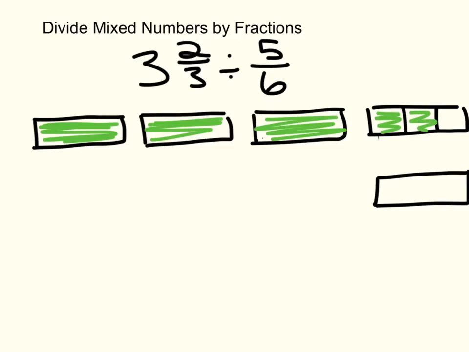So I have my 3 2/3 represented there, and I'm dividing that by 5/6. Well, I'm going to look at this. I'm going to divide this into 6 pieces. And I know that I have 5 of these pieces, 1, 2, 3, 4, 5 of the 6.